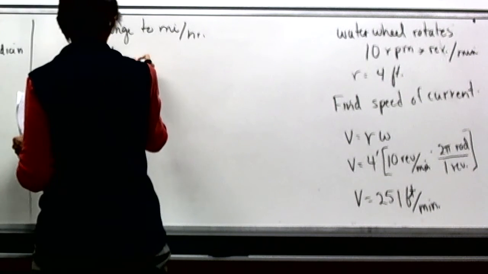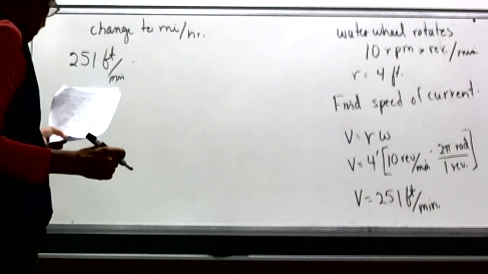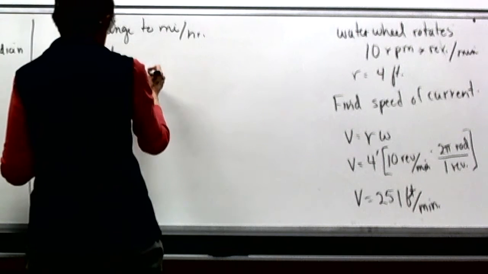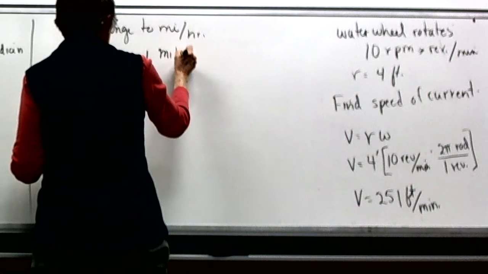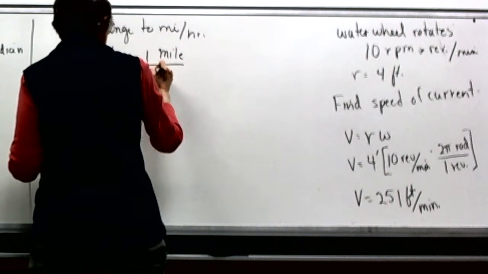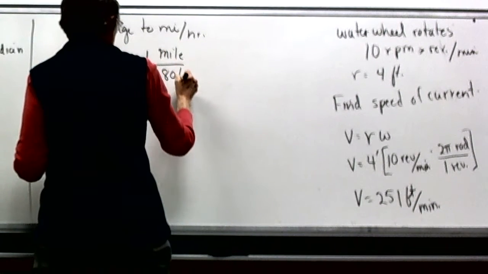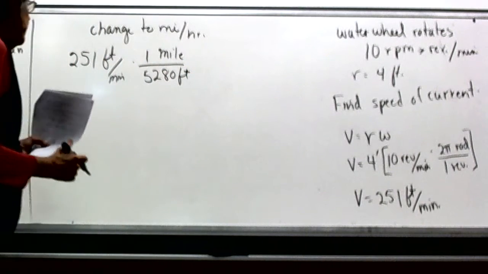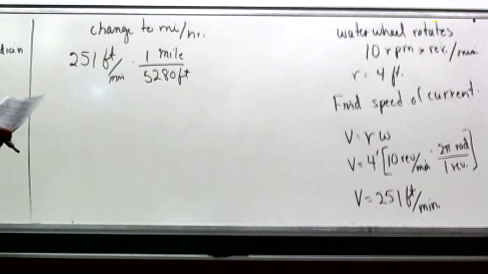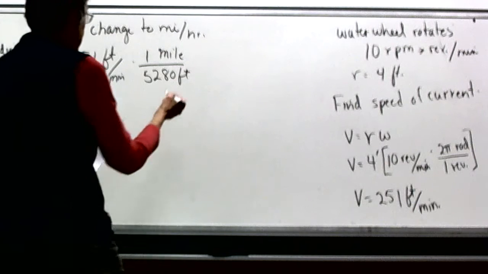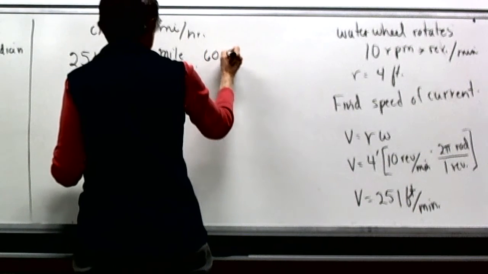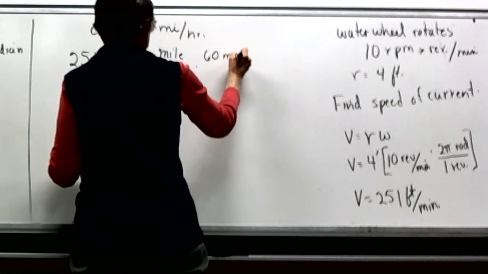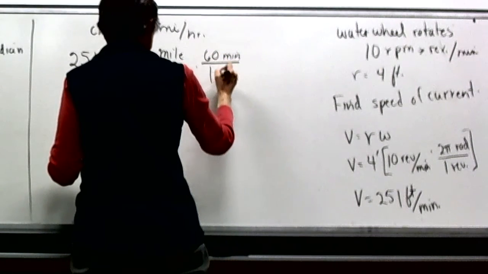And I know that there are 5,280 feet per mile. So that takes care of the feet, but then we want minutes to be in hours. So there's 60 minutes for 1 hour.